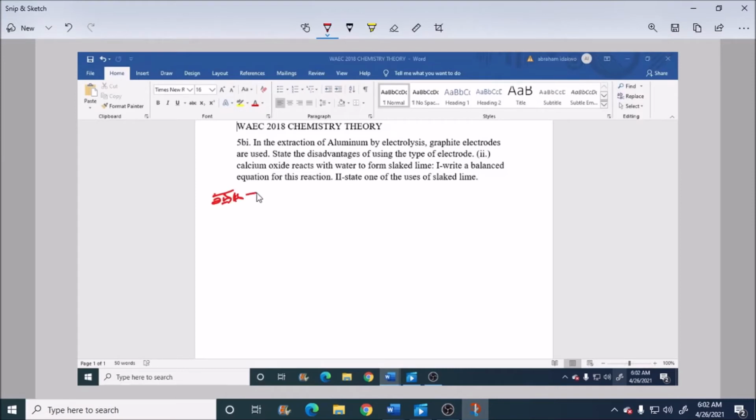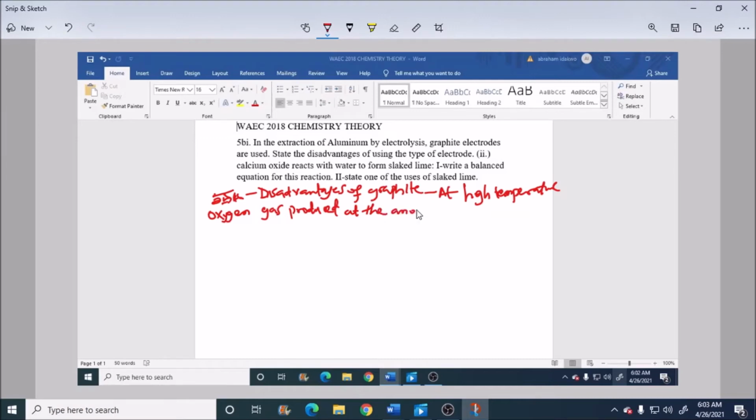So the disadvantage of graphite as electrodes is that at high temperature, oxygen gas produced at the anode reacts with the graphite.